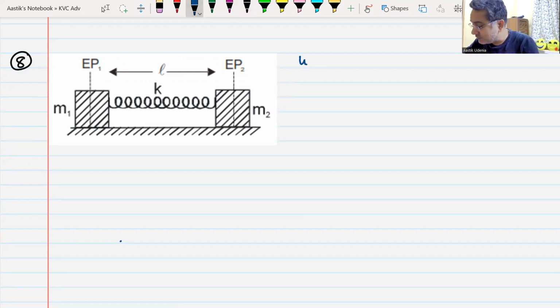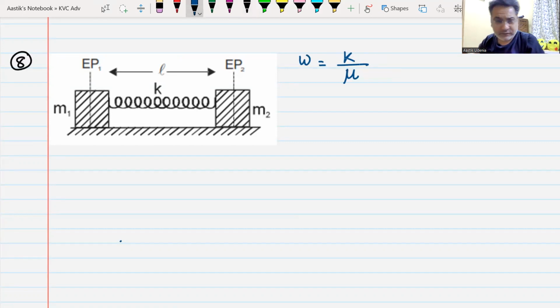will have the same omega, and that omega is given by m1 m2 upon m1 plus m2. Oops, what I'm writing, everything upside down. This omega will be equal to k divided by mu. That is a better way of writing.